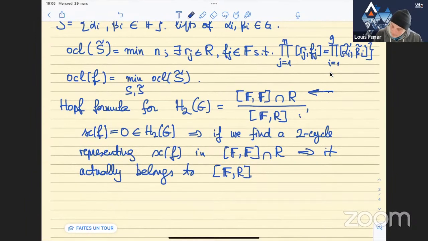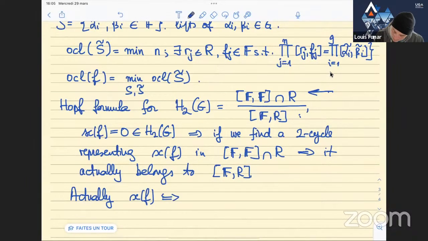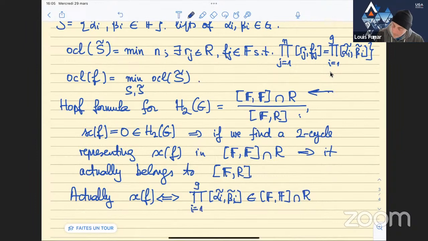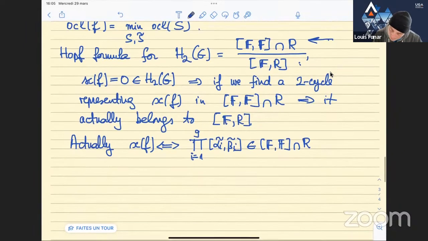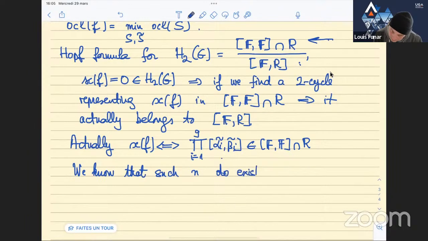And the product I'm writing here, the Schur class, you can represent it, I'm not putting equal, but represented by this element, which belongs both to [F,F] and to R. So because our Schur class is 0 in H2, we know that such an n does exist.